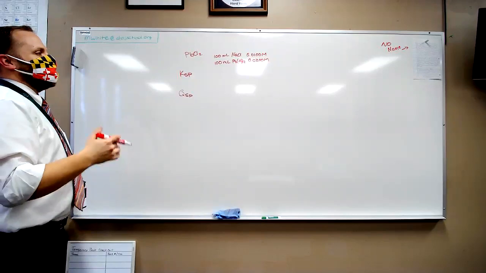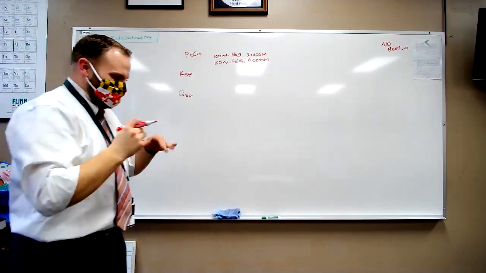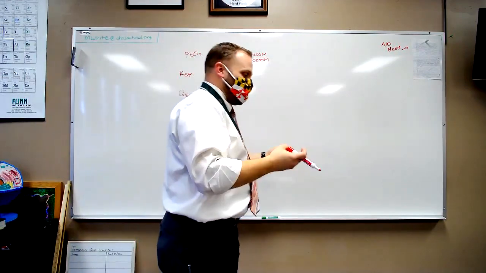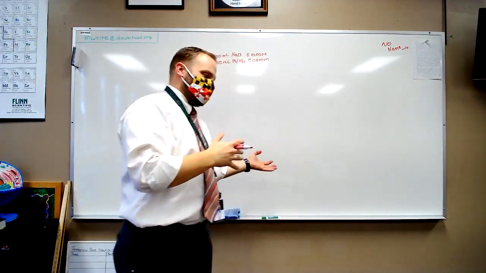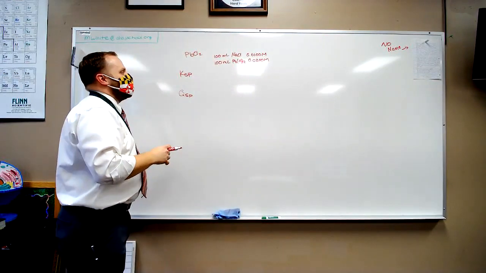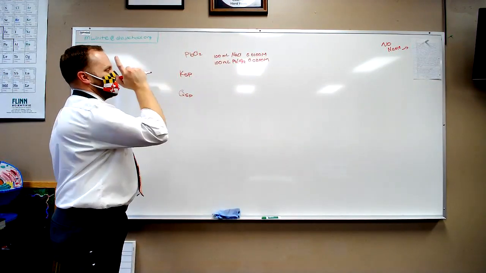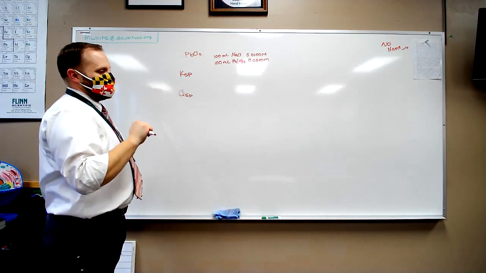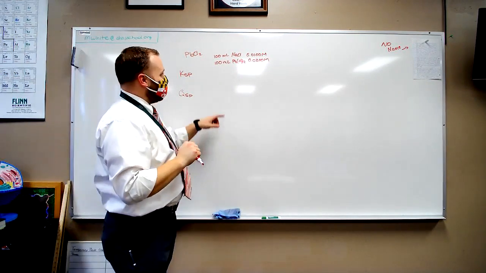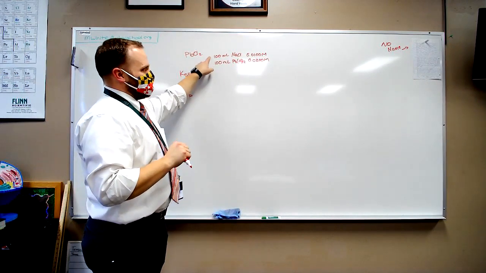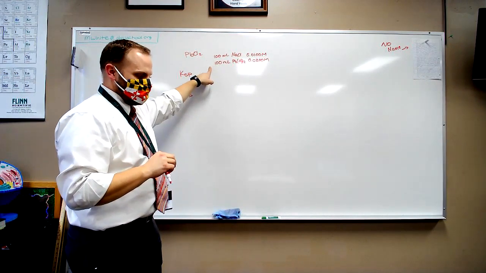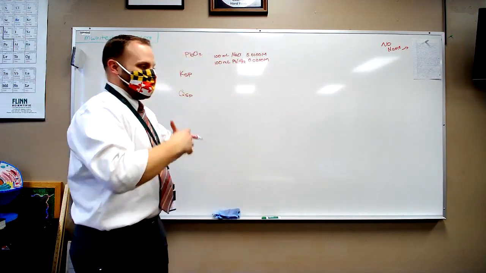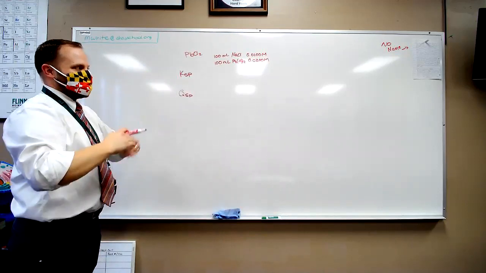As soon as you mix them together, you've changed the total volume, and if you change the volume, you change the concentration. So we have to figure out what the new concentrations are. There's a trick though. If you have equal volumes that you're adding, you just take this number and divide it by 2, because you've doubled the volume, which halves your concentration.